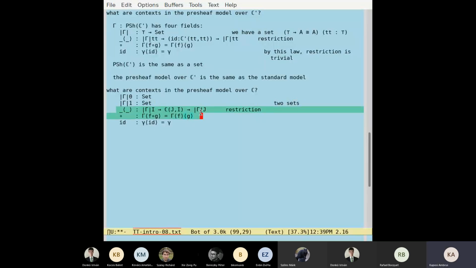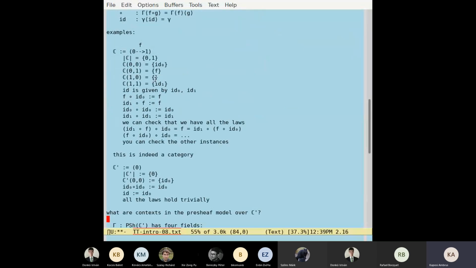Let's see what I can do with the restriction. So we looked at the category in detail, and we saw that from 0 to 0 and from 1 to 1, we only had the identity morphism. So that doesn't give us anything because that's the identity function, right?